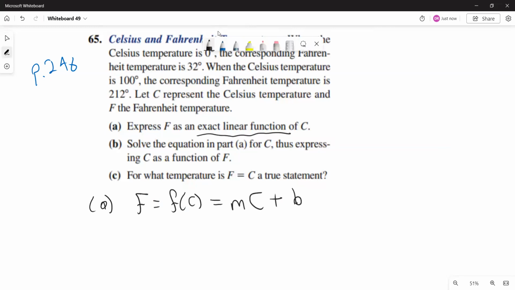Okay, but we know more information. It says that when the Celsius temperature is 0 degrees, the Fahrenheit temperature is 32 degrees. So we can get the first pair of points, (0, 32). And when the Celsius temperature is 100, the corresponding Fahrenheit temperature is 212.